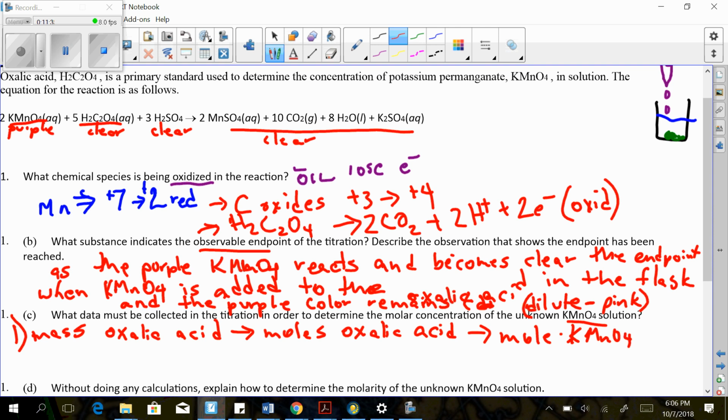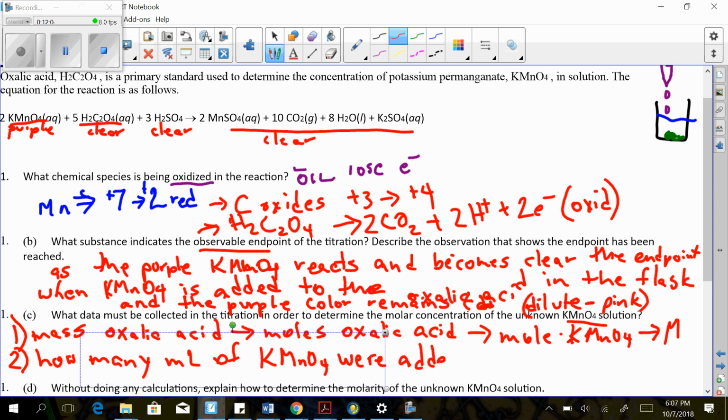And if we knew how many moles of KMnO4, to find the molarity, all we would need is to know how many milliliters of potassium permanganate were added. So maybe you want to know the beginning amount of solution you have in your burette and the final amount.